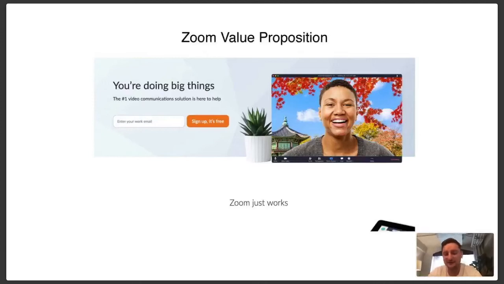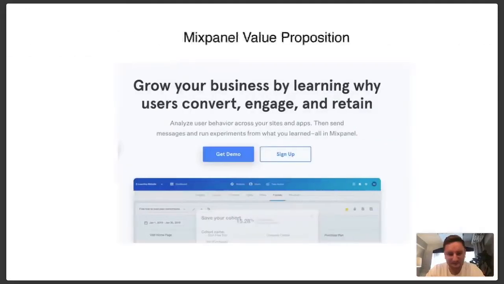Obviously we are all users of messengers and video conference platforms, and our pain is that it doesn't work. You can't hear someone, you can't see someone, your screen sharing doesn't work, and so on. So Zoom's statement is that Zoom just works.